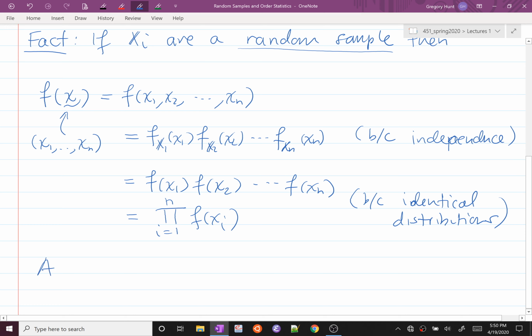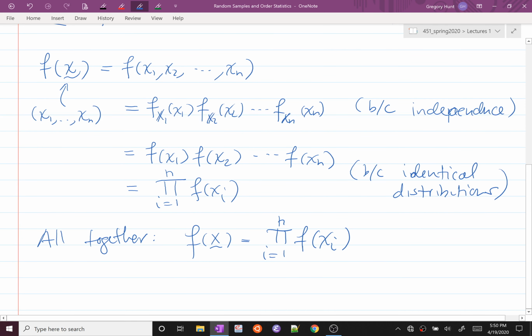So altogether, we have that the joint is just the product of the marginals, the product of this distribution f, where we plug in the different x sub i's. So this is a really important governing fact.